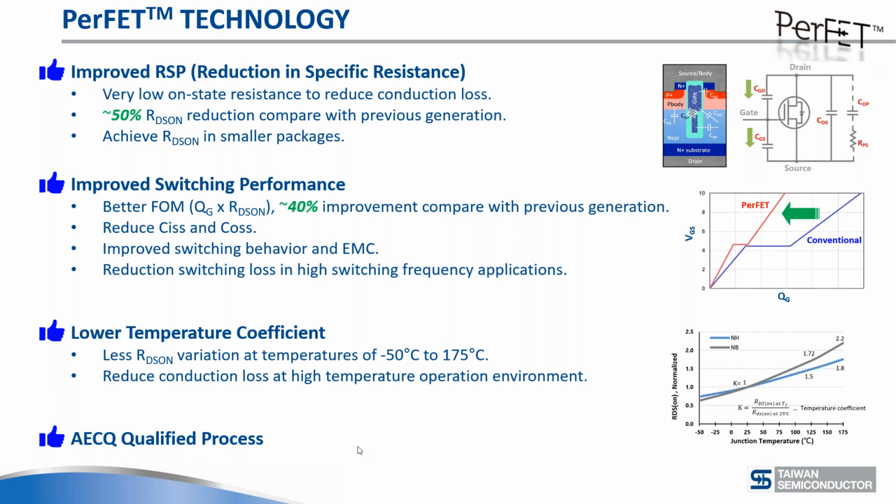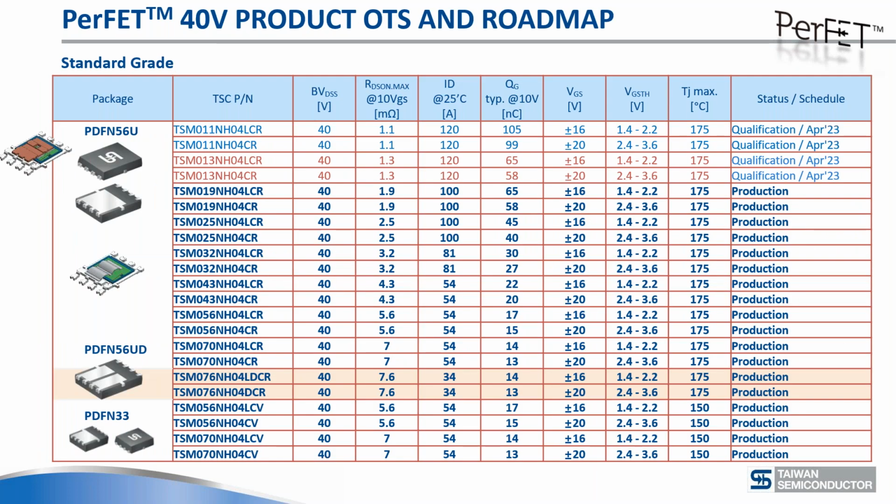So where do we stand with this PerFET technology, with all these advantages? I'm not going to read through all the part names here, but these are the part names that have actually been in production for quite a while now, for more than a year, and the business on them is running fine. We've got quite a few orders on them.